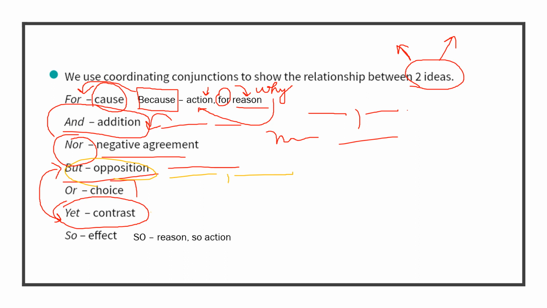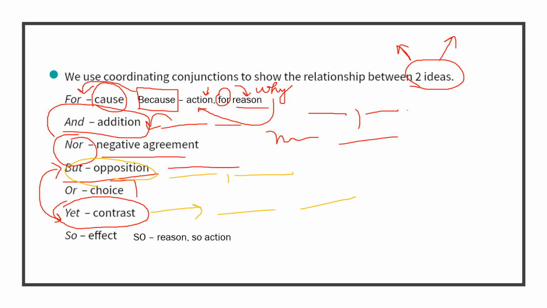Yet we use when we are talking about something extreme: day or night, pass and fail, good and bad. So they are extreme opposites, and that is the reason we use the word yet there. In the examination, I'm not going to deduct your marks when you put but or yet interchangeably, so that can be given the benefit of doubt to you.